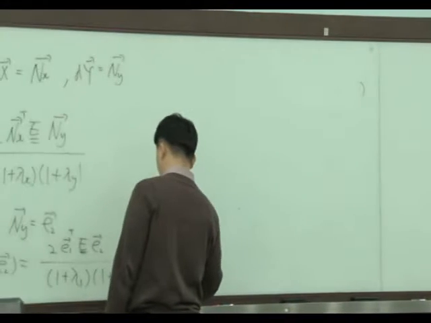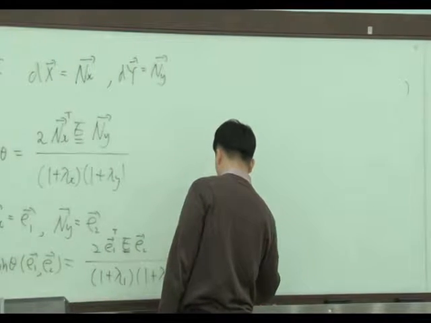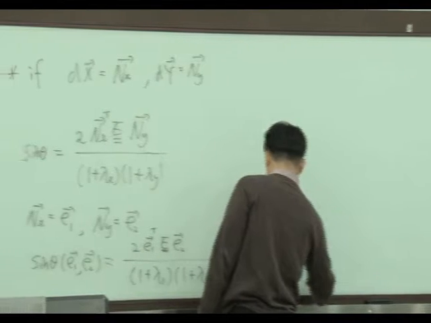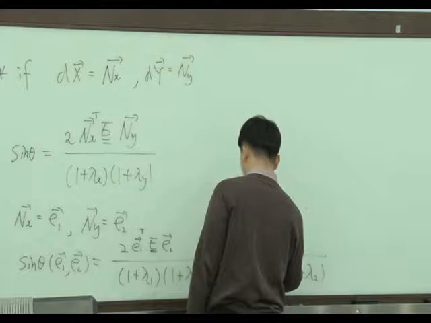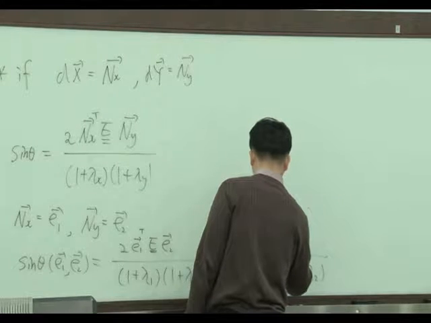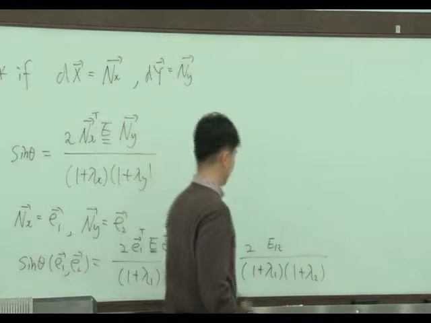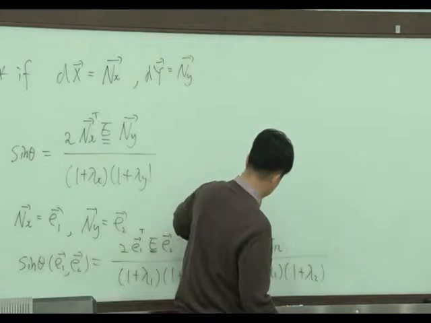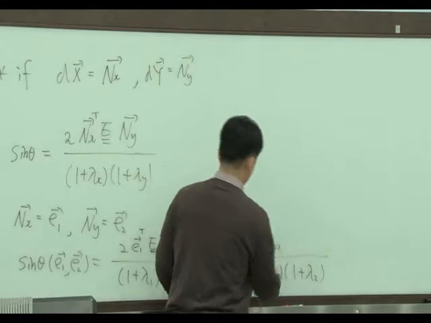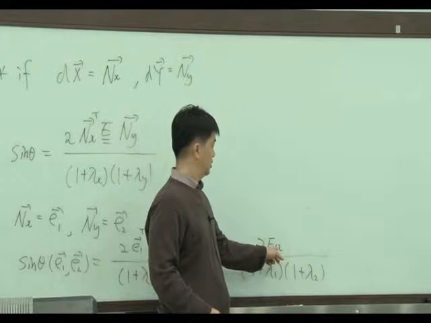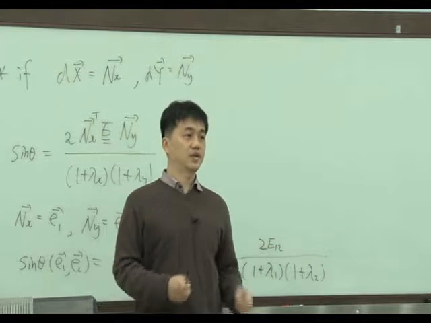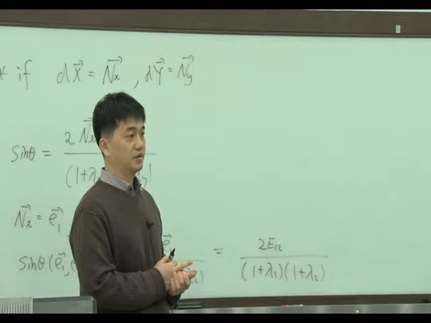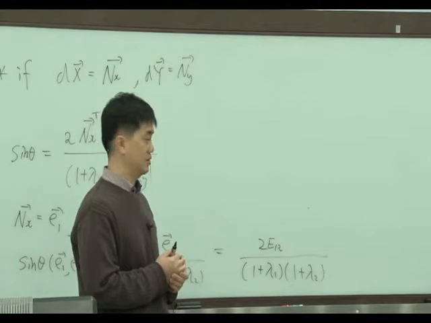And 2 E1 E E2, what's this? E12. That's an off-diagonal component of the Green-Lagrange strain tensor.